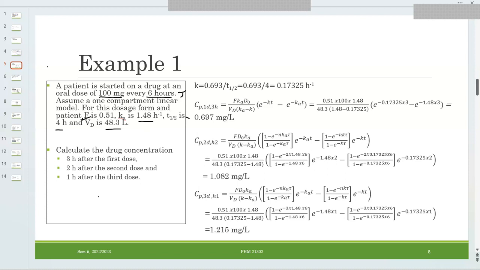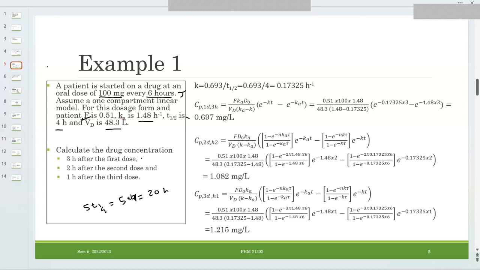So again, you can calculate the time to achieve steady state: 5 T half. T half is 4 hours, so 5 times 4 equals 20 hours. Okay, they want drug concentration 3 hours after the first dose.